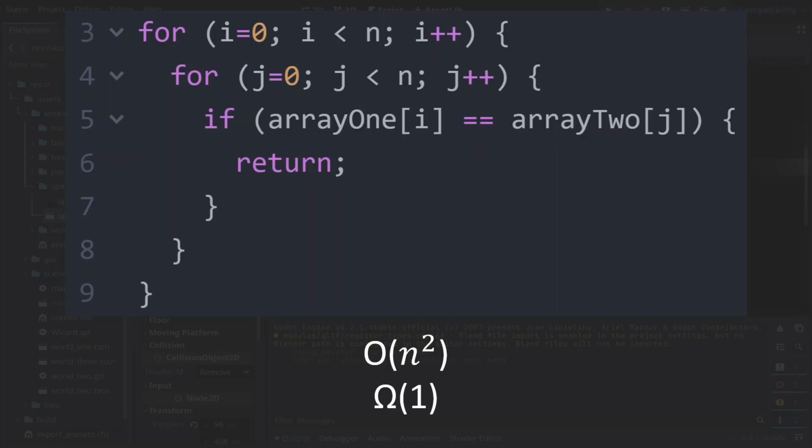What if both arrays have started fully sorted, where the first entry fulfills the condition? What if both arrays contain one letter and both of those letters are A? So in this instance, immediately our exit condition would be fulfilled and the algorithm would exit. Consequently, our best case scenario is big omega of 1.